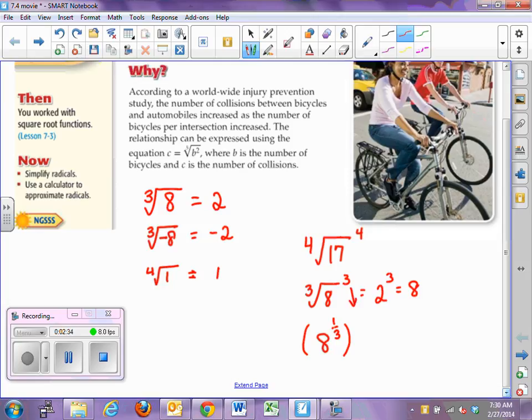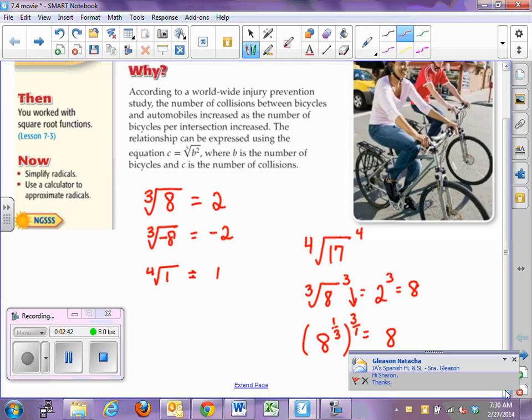Then if we cube it, we have 8, and when we multiply 3 times 1/3, we get 1. So we get 8 to the 1 power. So that's why we just get 8. The 3 and the 3 cancel, just like here. The 3 and the 3 cancel.